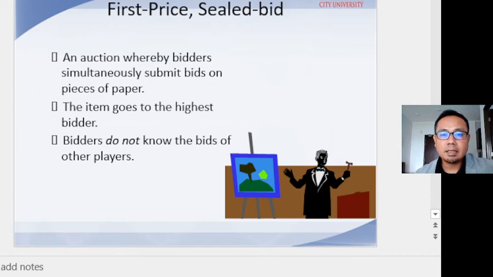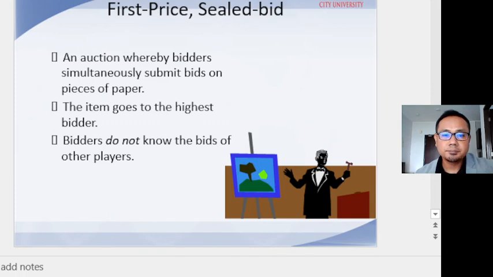Unlike in an English auction, the bidder does not know the bids of other players. As we will see, this characteristic can affect the bidding behavior, and consequently the price collected by the auctioneer.